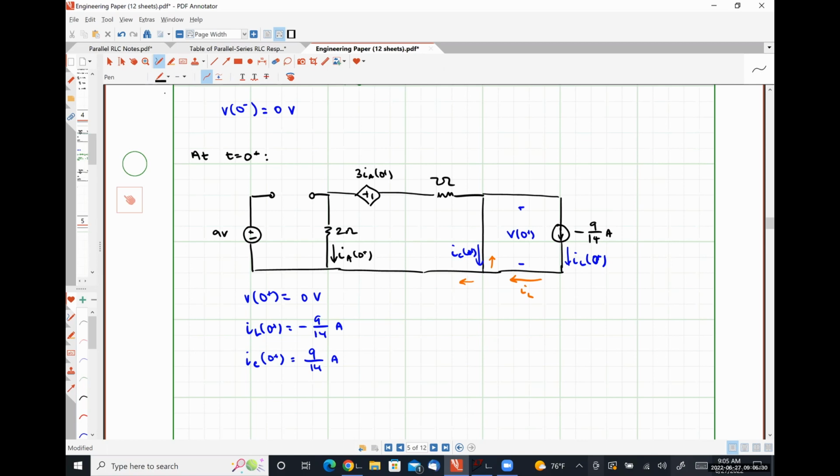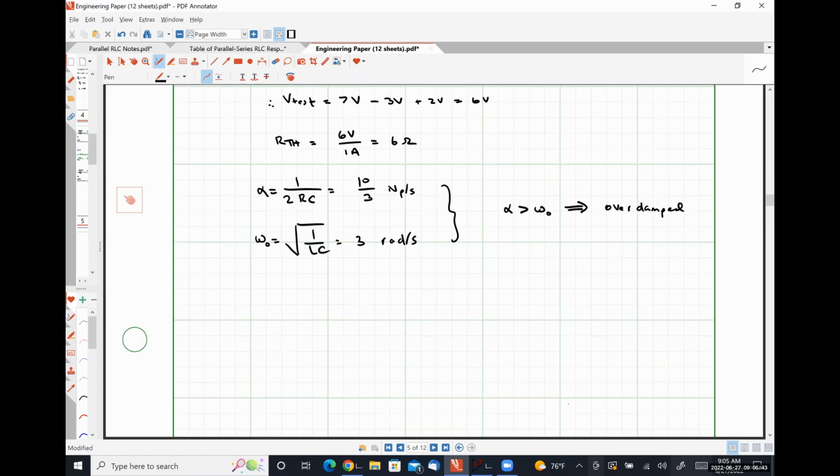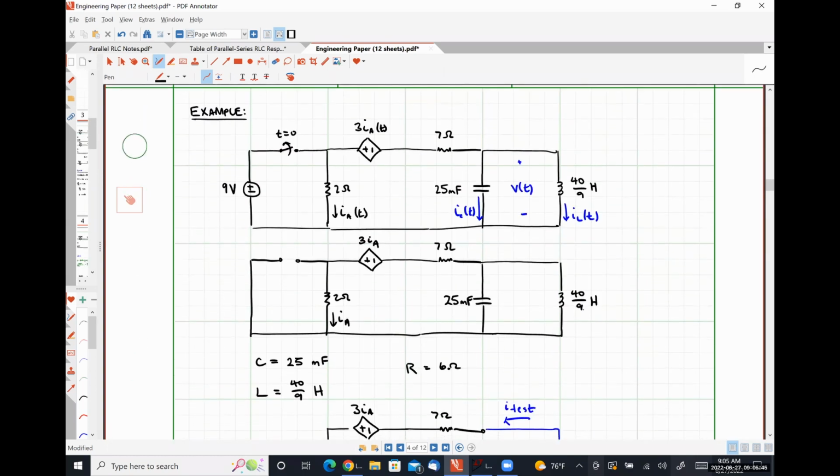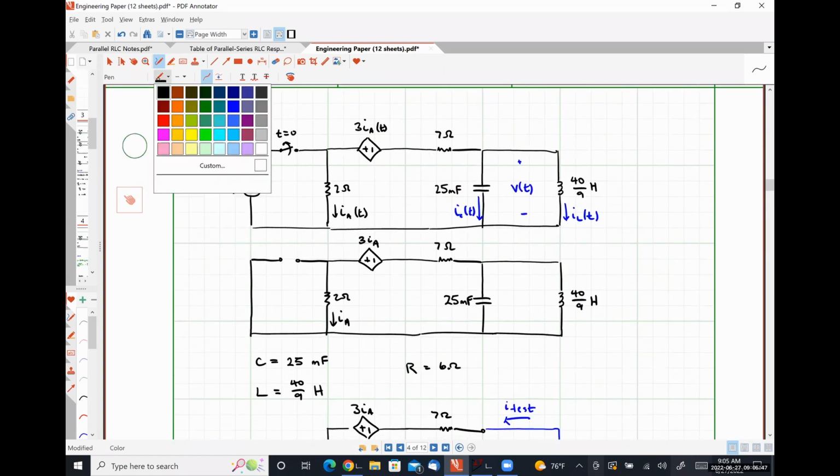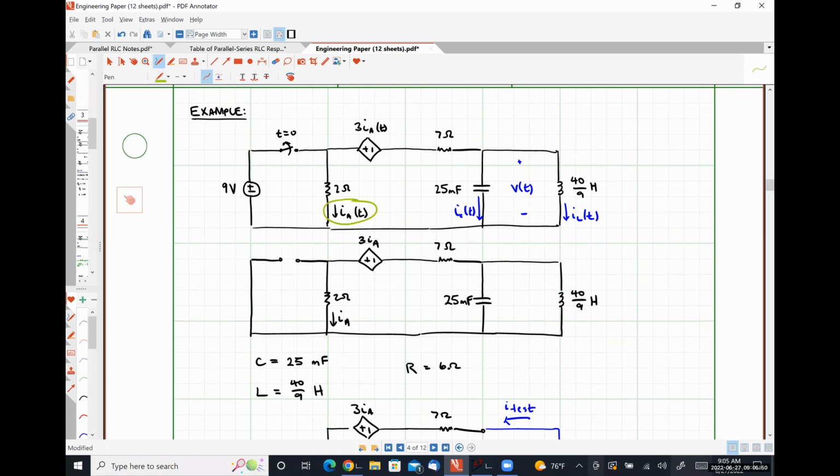So we're ready to apply our response equation. Okay, so let's talk about what we are going to do to determine that. I would argue, since our ultimate goal, let's scroll back up here to the top, is to determine this current IA, that our most efficient way to do this is actually to determine our capacitor voltage V of t.